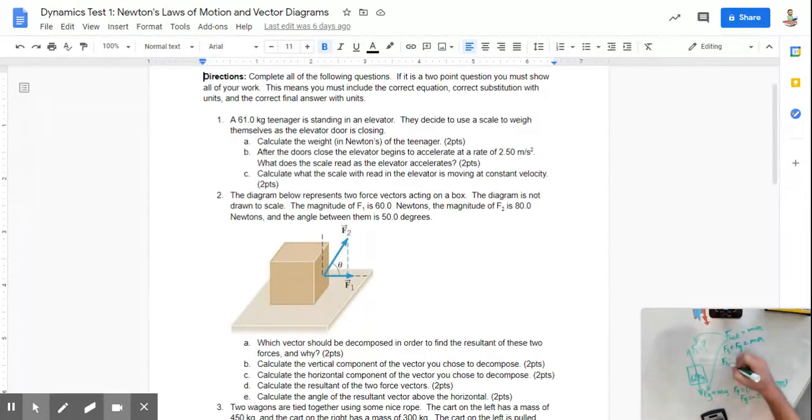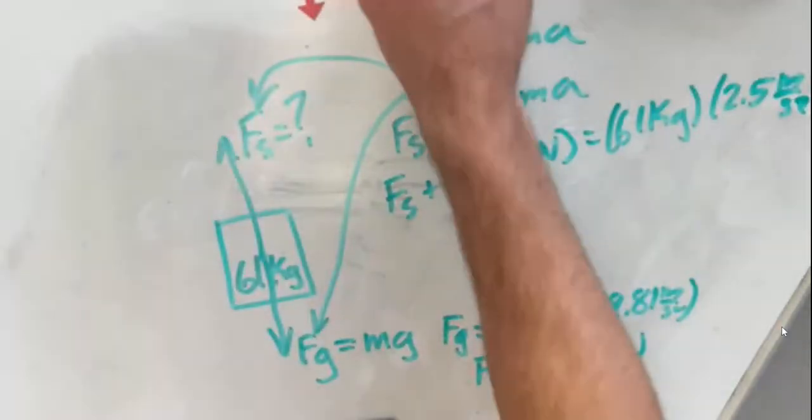So Fs plus negative 598 newtons equals your mass, 61 kilograms, multiplied by the acceleration, 2.5 meters per second squared. Let me zoom in here so you can actually see it.